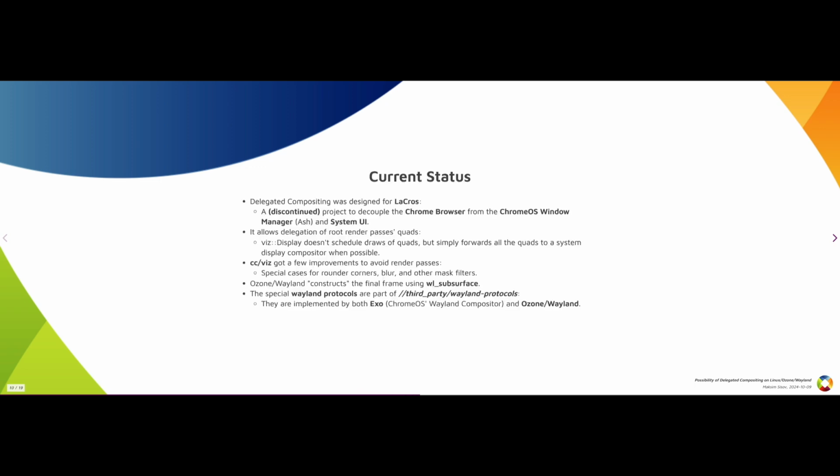As we have covered the high-level overview of what the delegated compositing is and its benefits, let's now talk about the current state. As was said before, the feature was designed for LaCrOS, the purpose of which I explained in the beginning of this talk.